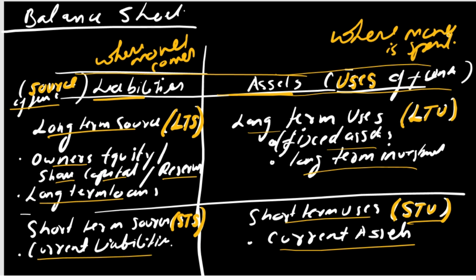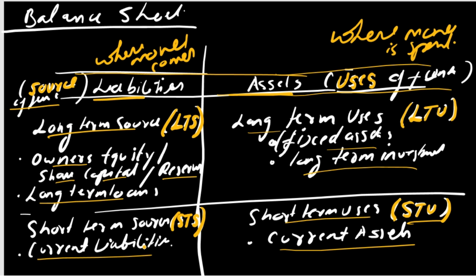Now we have classified liabilities into two types. One can be long-term sources like owners' contribution, share capital, reserves, etc., and long-term borrowings from banks. This will be classified as LTS, long-term source. The next item is short-term source, STS, which is basically current liability.